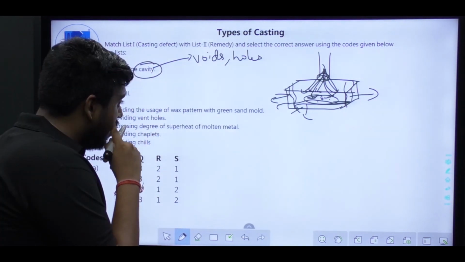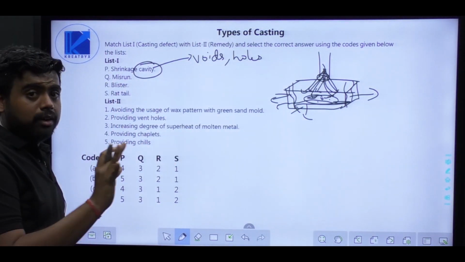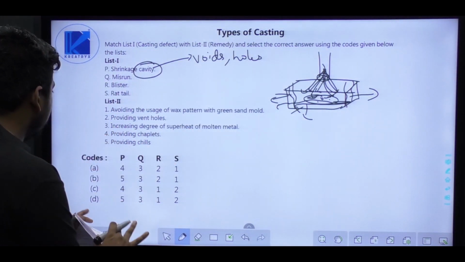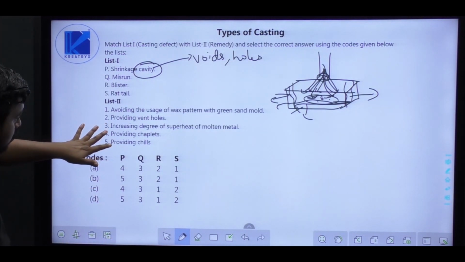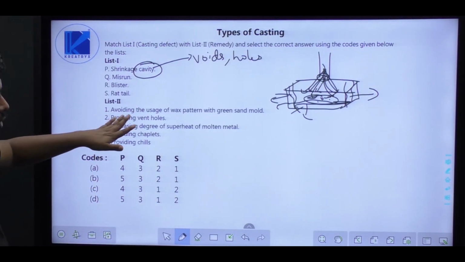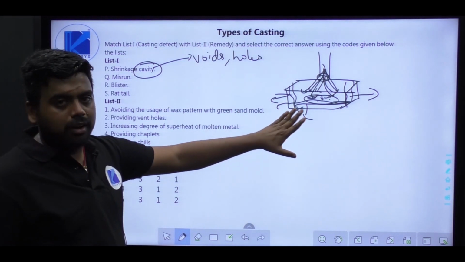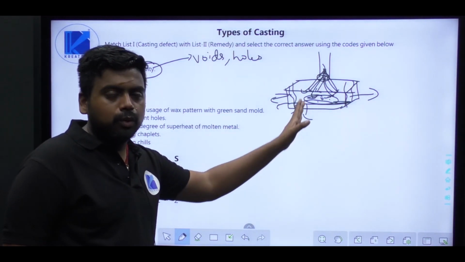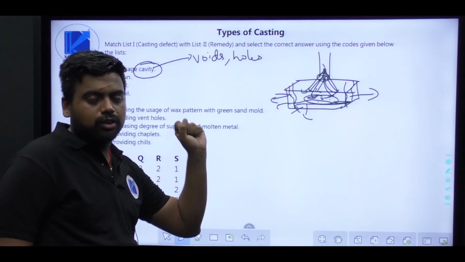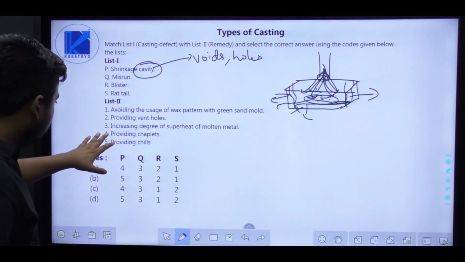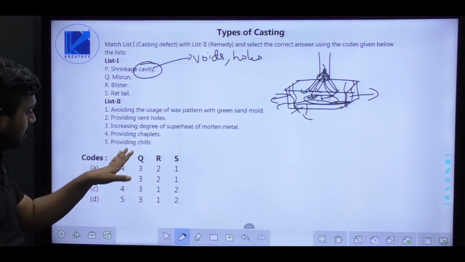If you look at the options, there is the option of providing vent holes. Vent holes will not affect the rate of cooling or the rate of solidification of the metal.